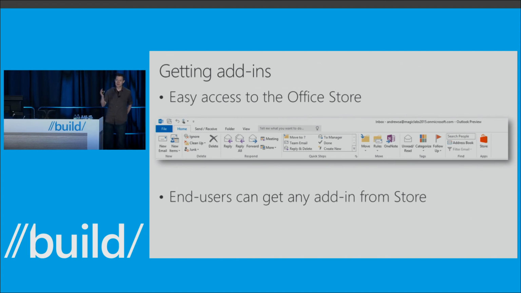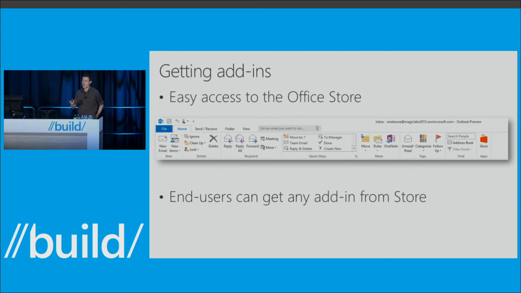If you saw my talk last year, I ended by saying, here's the permission model, here are the kinds of add-ins the users can install, and here are the kinds of add-ins that administrators can install. We actually removed that part entirely. So end users can install any app from the store that's listed there. And not only that, but they can also sideload apps.